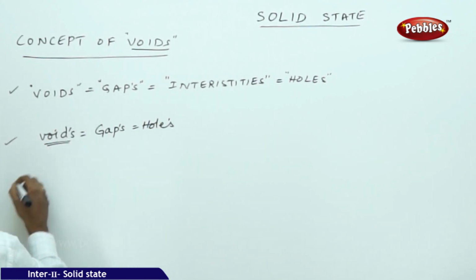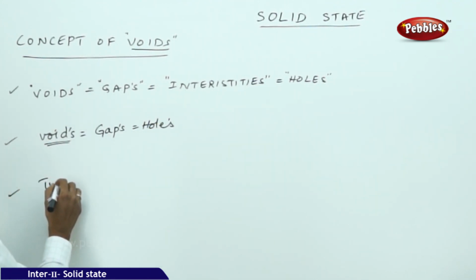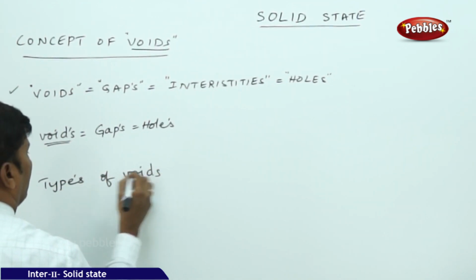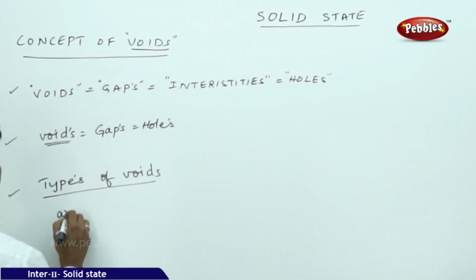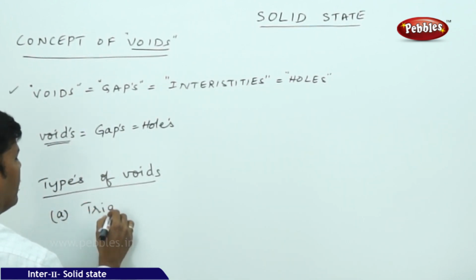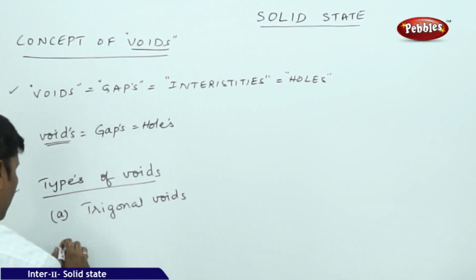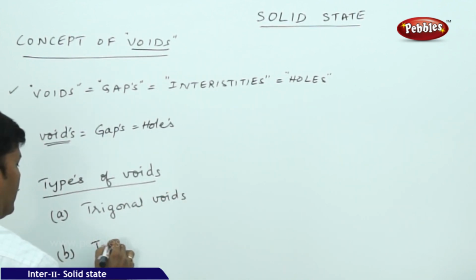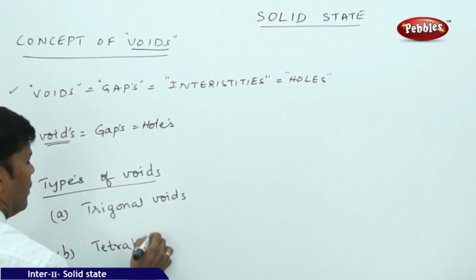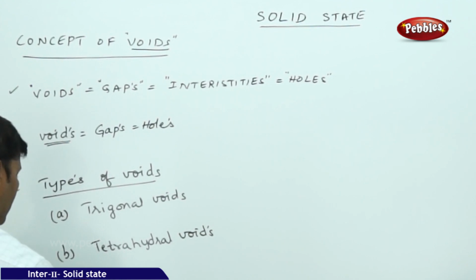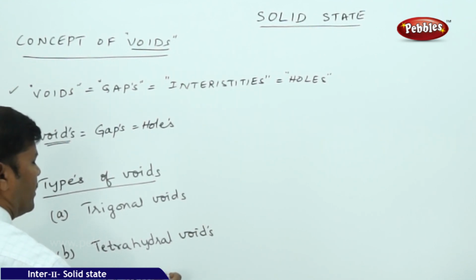Suppose I am taking types of voids. Here we have trigonal voids, tetrahedral voids, and octahedral voids.